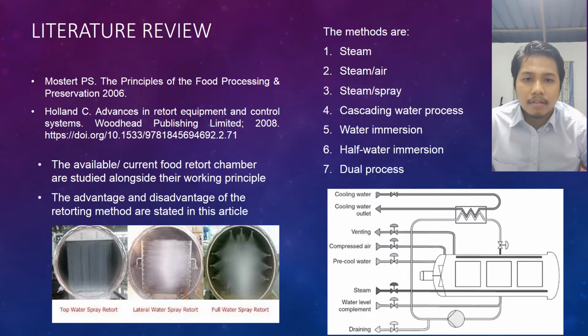It is also stated in the journal the advantage and disadvantage of the retorting method. The example of the method used is steam air, steam spray, cascading water process, full water immersion, half water immersion and dual process. The figure below shows the working principle of a steam air process.